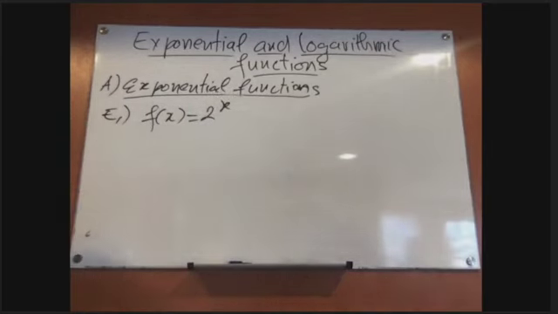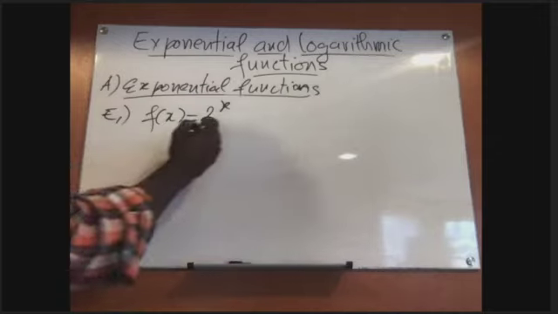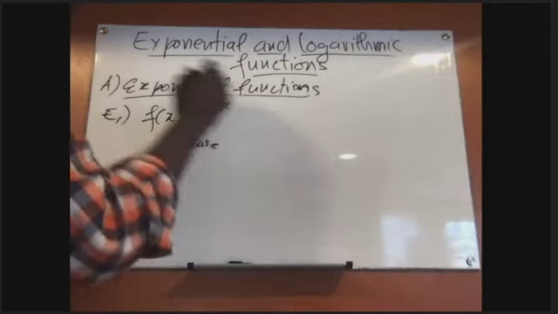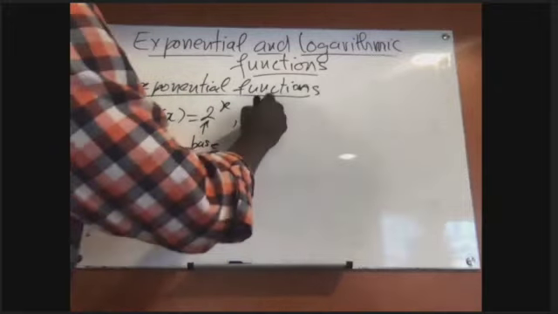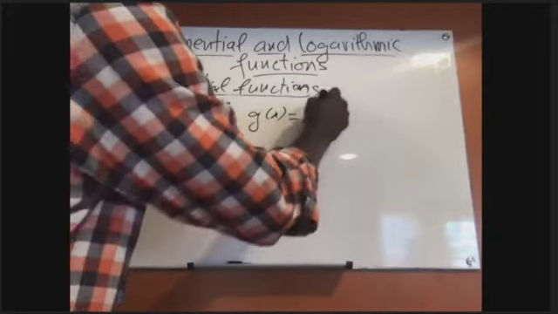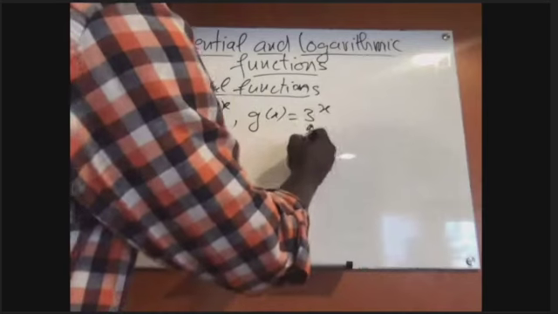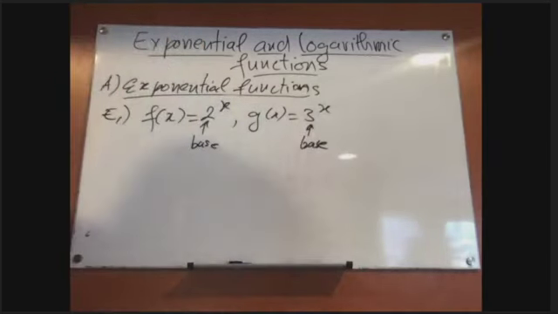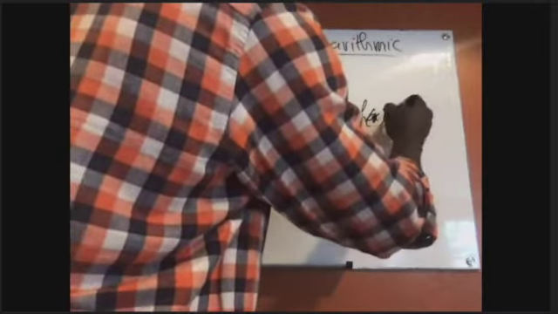Here, 2 is the base. It could be g of x equal to 3 to the x, where 3 is the base. Or it can also be h of x equal to 10 to the x, where 10 is the base.